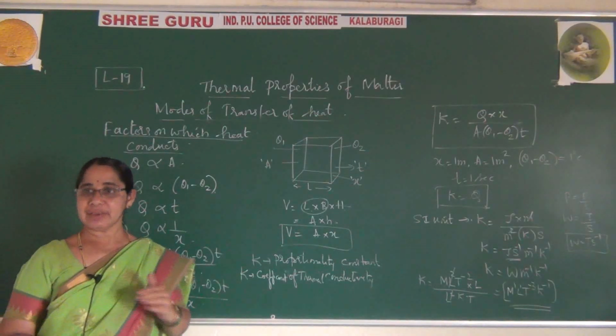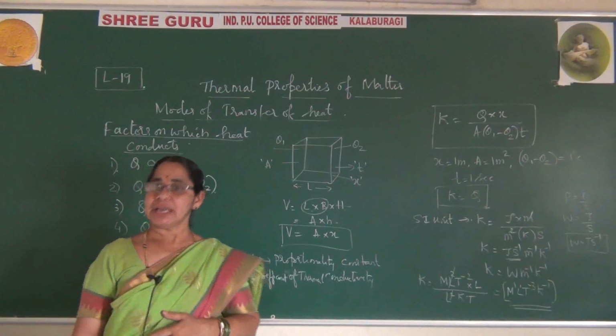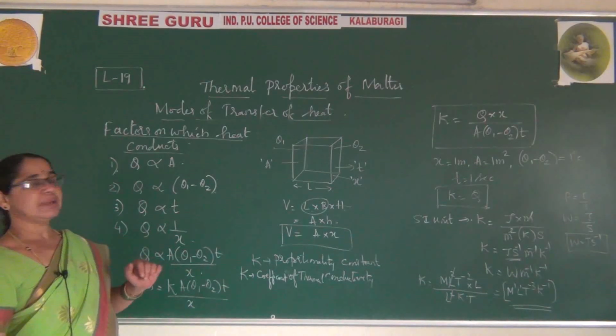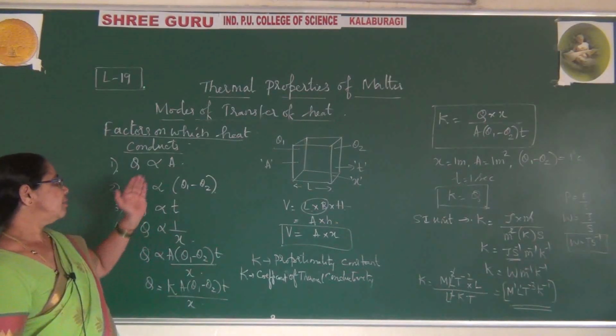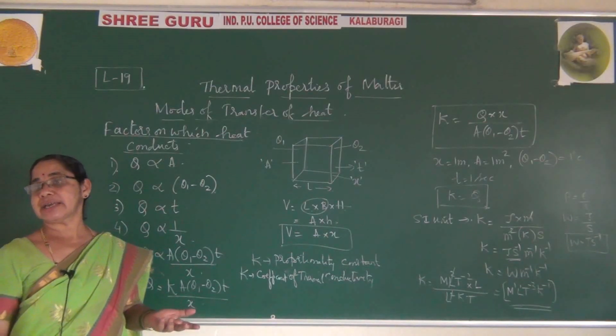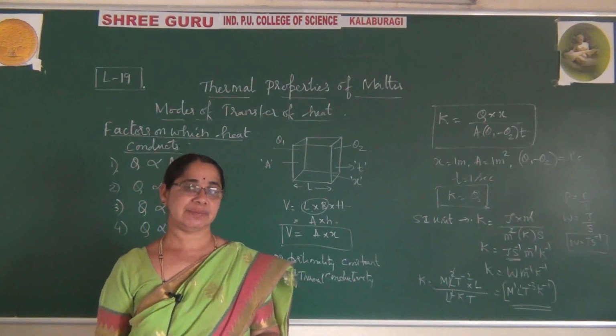For all 3 I have given examples, but today I started the concept of conduction. In that we came across thermal conduction, and we learned how heat conducts from one end to the other end. For that we have good conductors of heat and bad conductors of heat, along with examples.